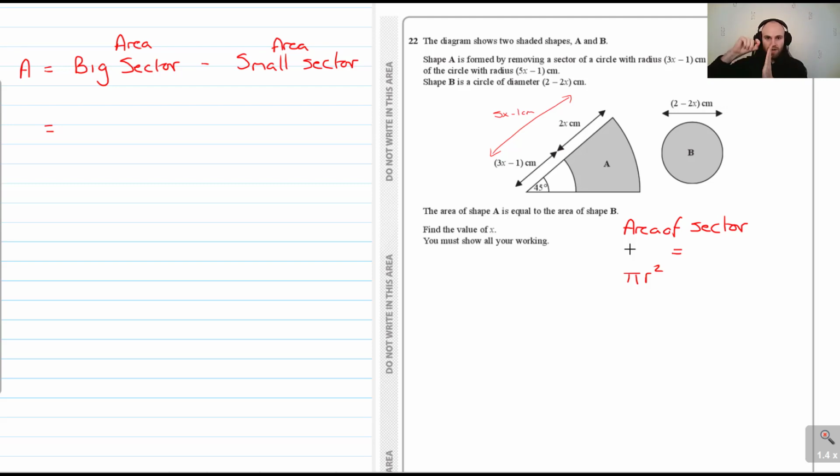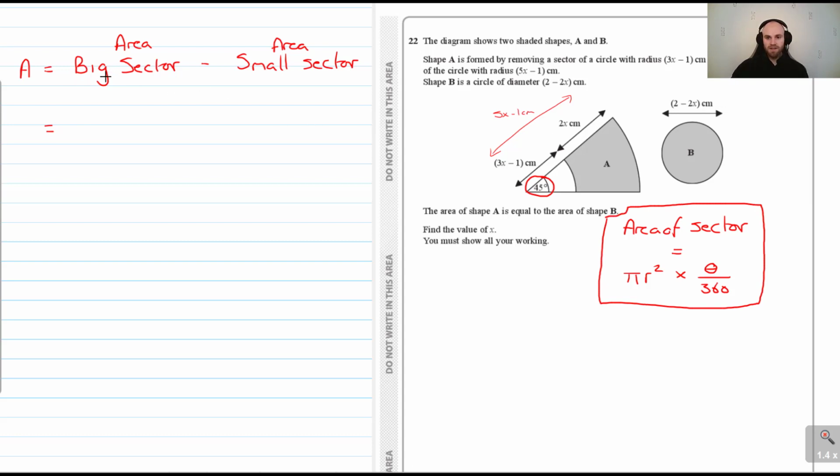We can work out that portion by using the angle, multiplied by theta, which is this angle here, in this case 45, divided by 360. If you work that out, 45 divided by 360 is an eighth. So this sector is like an eighth of a circle, and that is what this formula gives us for this sector.